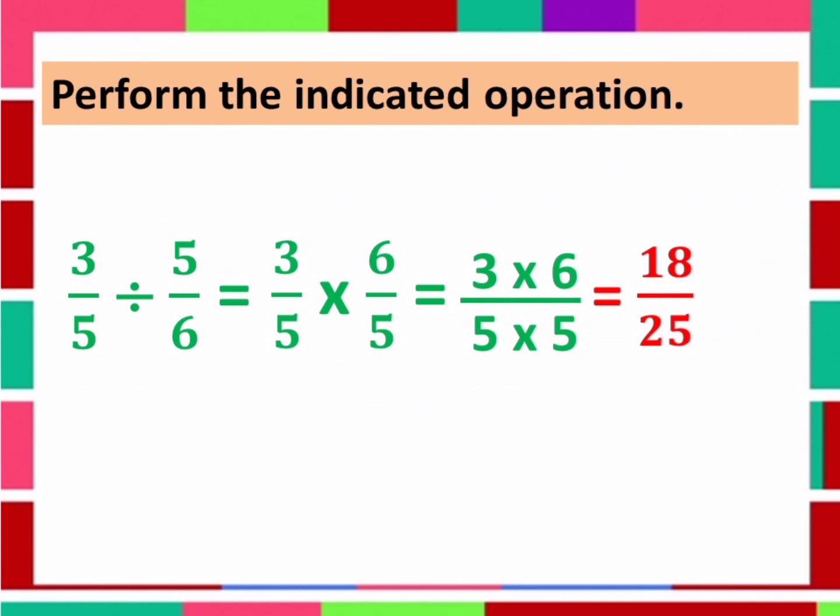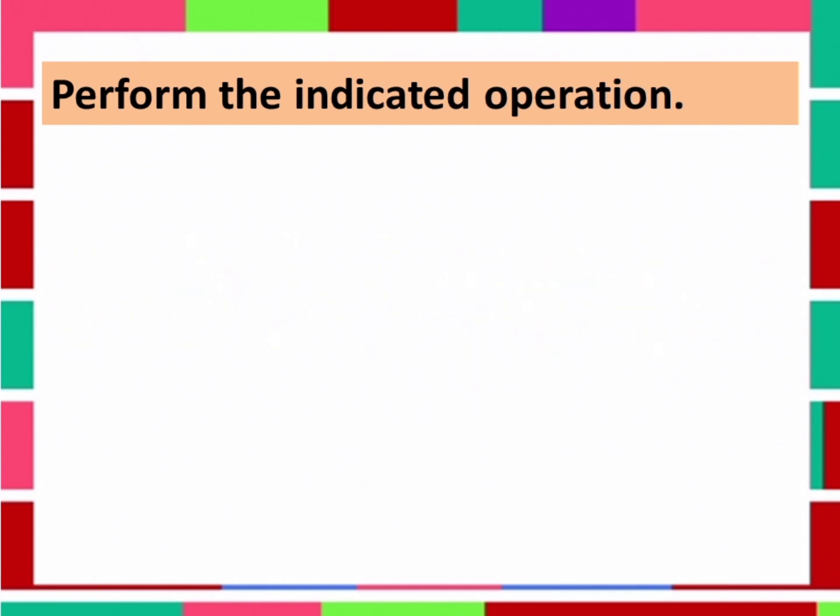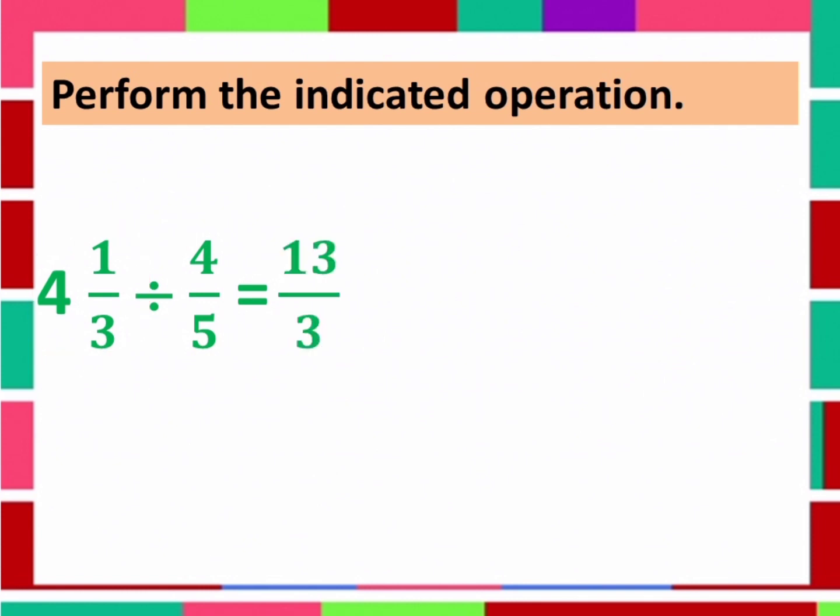Now, let's have another example. 4 and 1/3 divided by 4 over 5. So, first, change 4 and 1/3 to an improper fraction. So, it will become 13 over 3. Why? 3 times 4 is equal to 12 plus 1 is equal to 13. Then, copy the denominator. Times 5 over 4.